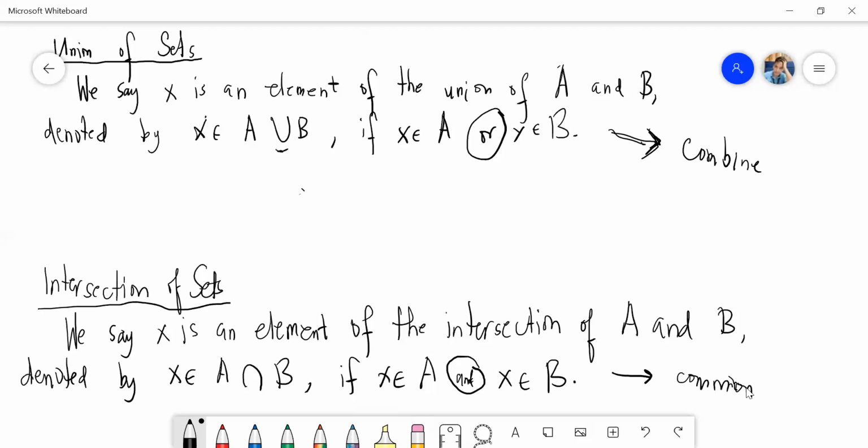Let us consider, for example, set A is 1, 2, 3 and set B is 3, 4, and 5.